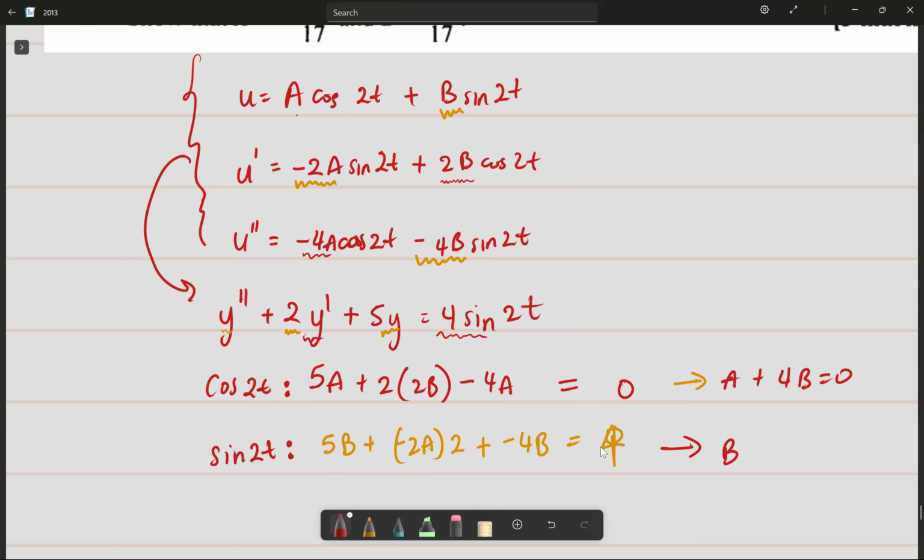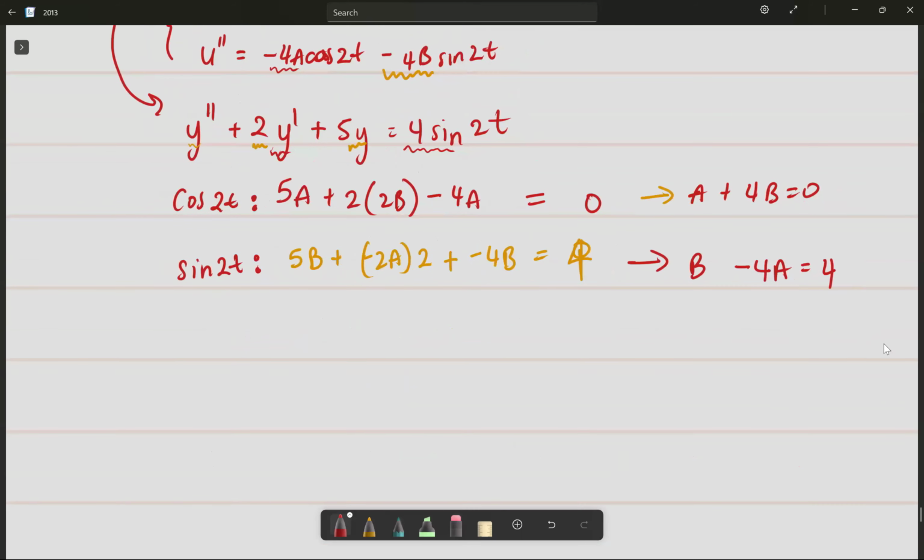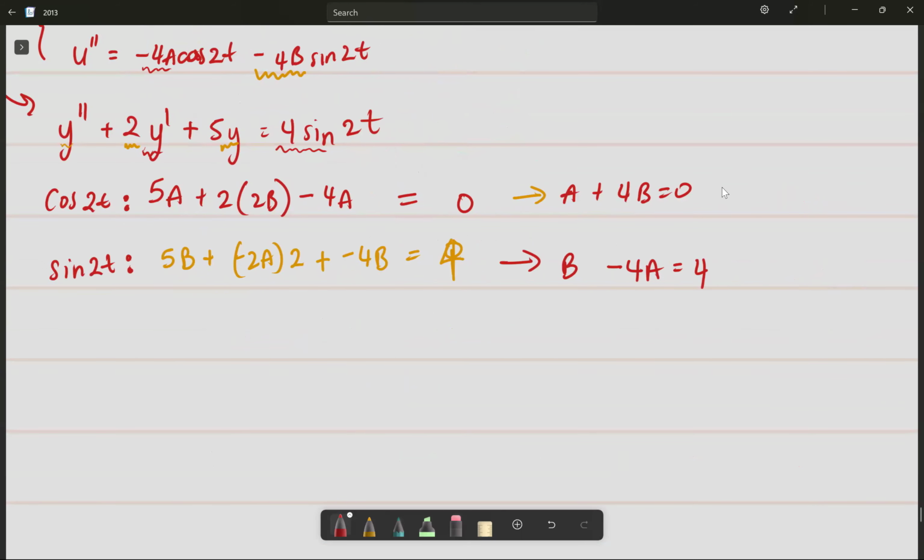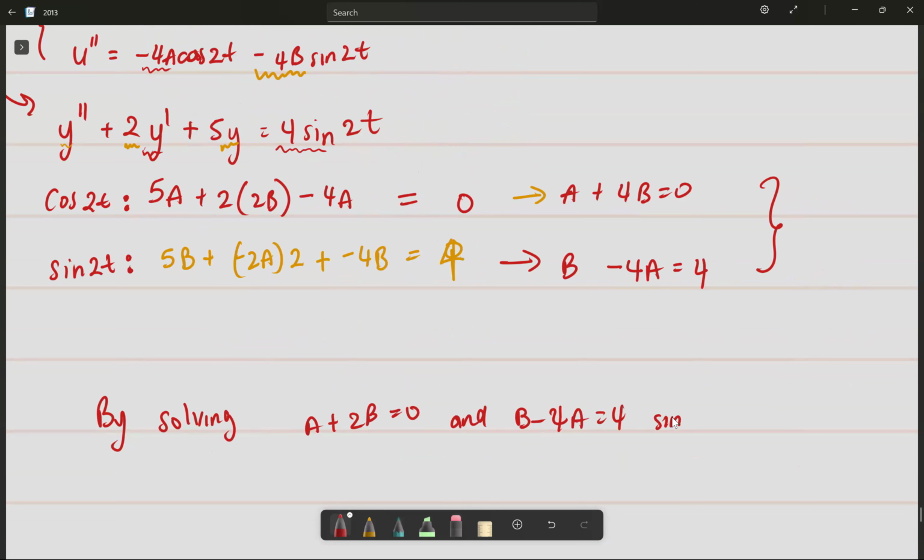There's a b there, and there's a minus 2a minus 4a equal 4. It might not look right. Okay, next step, solve these two equations. You're at cape level, so I believe you can say by solving a plus 2b equals 0 and b minus 4a equal 4 simultaneously.